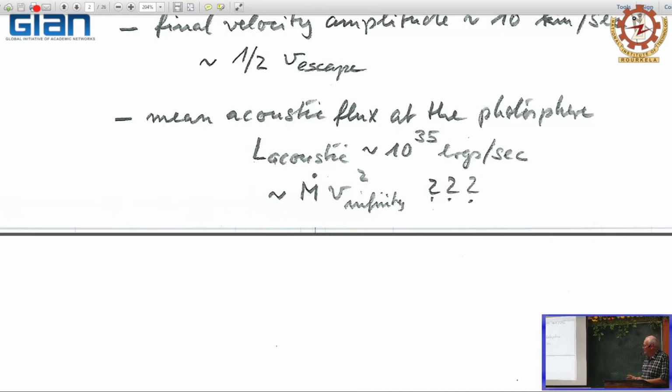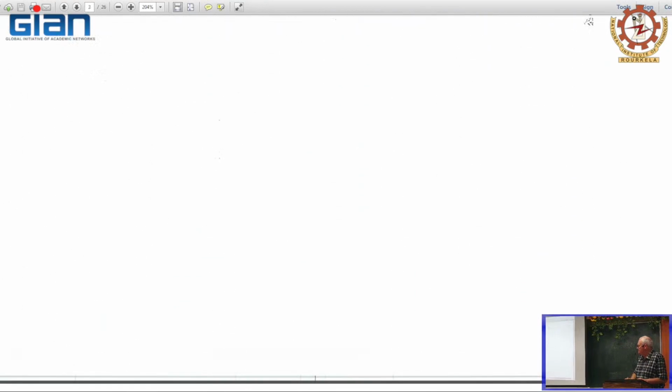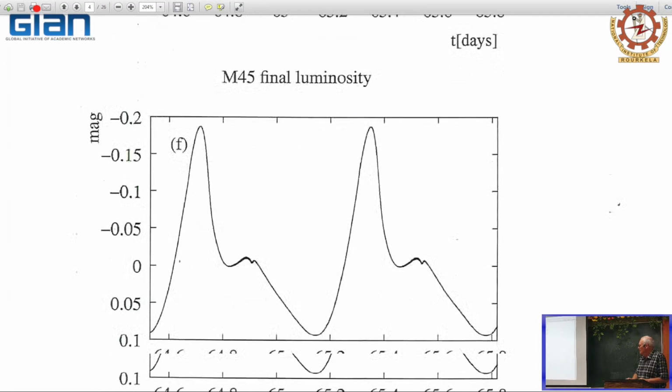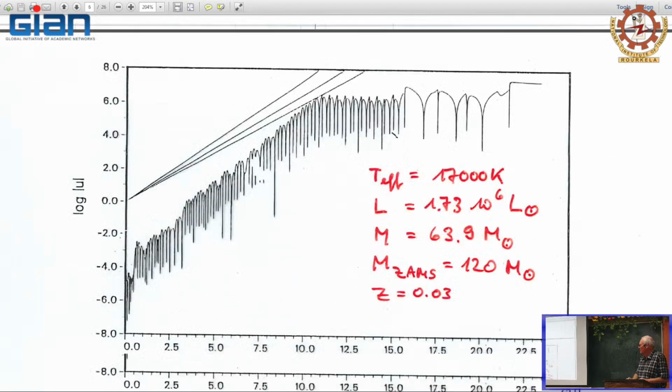So in fact, this kind of pulsation may drive a mass flux from the object, which can be estimated on the basis of the acoustic energy flux our pulsation generates at the photosphere. Okay. Well, that's for the 45 solar mass star.